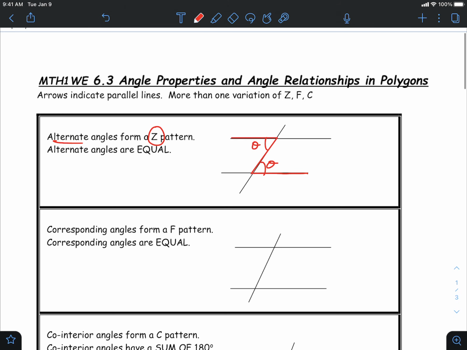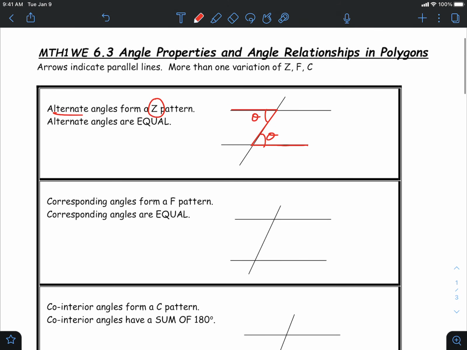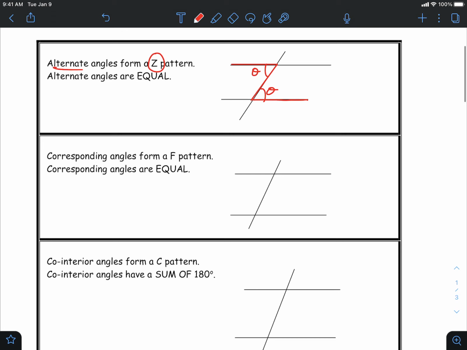And then corresponding angles. I'll continue to use the Greek letters, but they're honestly just variables, so it doesn't matter if it's Y or X or whatever. This here, if this is theta, then this is theta.